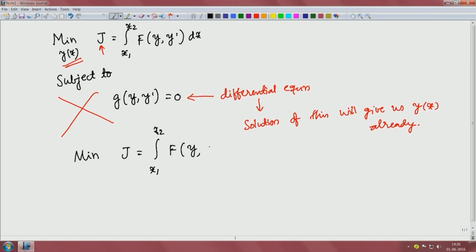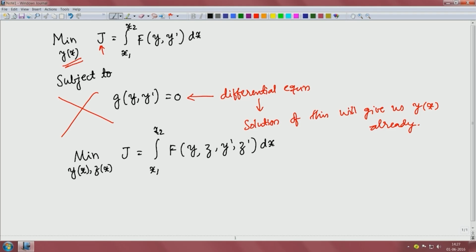Let us say there is a y and there is a z, and then there could be y prime, there could be z prime, and then dx. Then the unknown functions will be y of x and z of x. Much like in our bar optimization problem, we have A of x and also u of x.